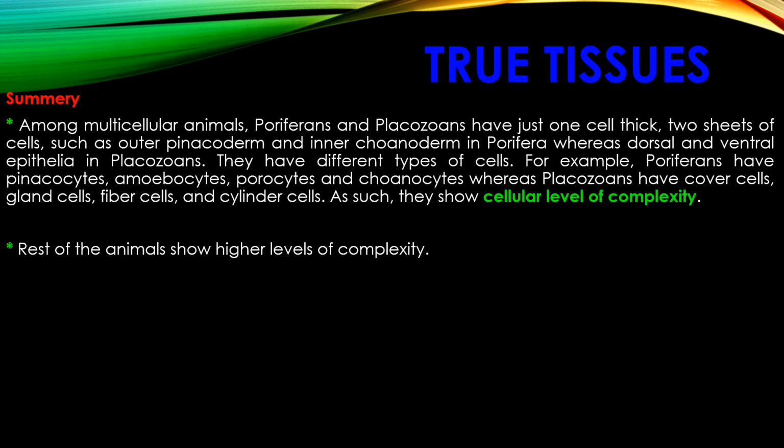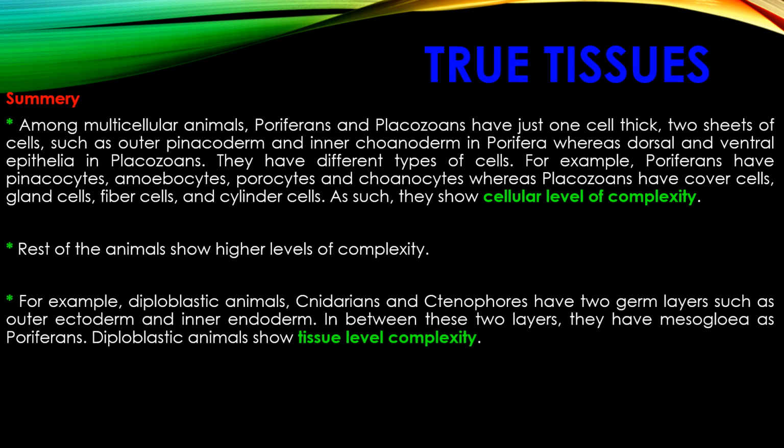For example, diploblastic animals such as cnidarians and ctenophores have two germ layers, outer ectoderm and inner endoderm. In between these two layers, they have mesoglea as in poriferans. So, diploblastic animals show a tissue level of complexity.